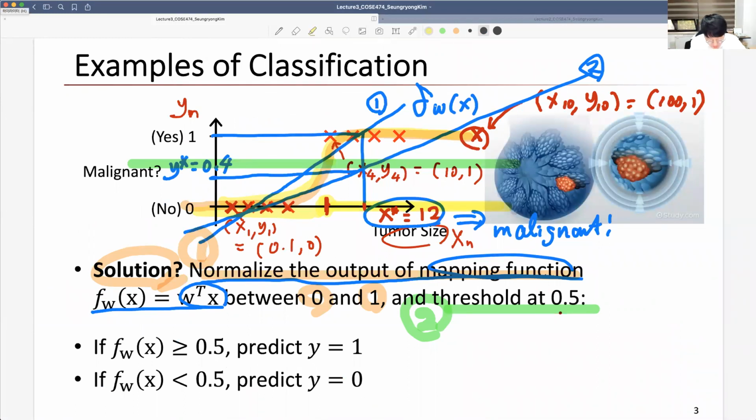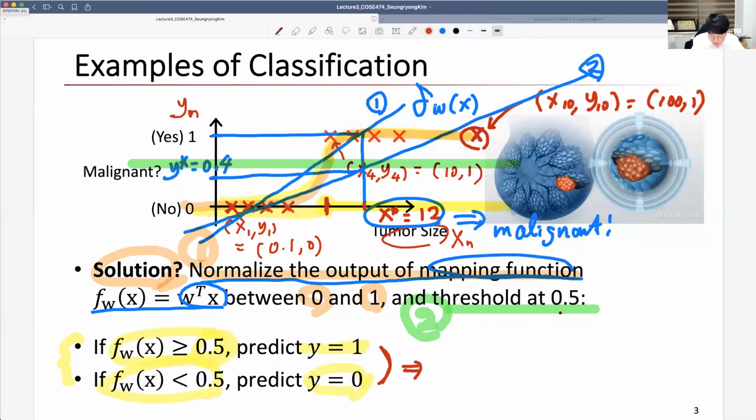Okay, so in more mathematical notation, we can write down this procedure something like this. If the output of the mapping function is larger than or equal to 0.5, let's predict y is equal to 1, and if the output of the mapping function is smaller than 0.5, let's predict y is equal to 0.